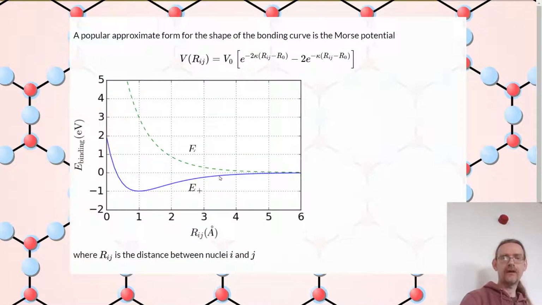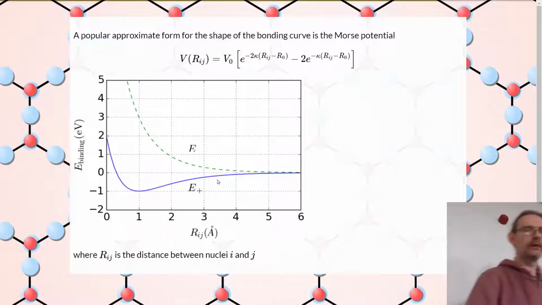So what we find, if we actually work out some model for this system, is we're going to get something like this. As we change the distance between the two nuclei, the in-phase solution, the lower energy one, will be lower in energy for the atom.